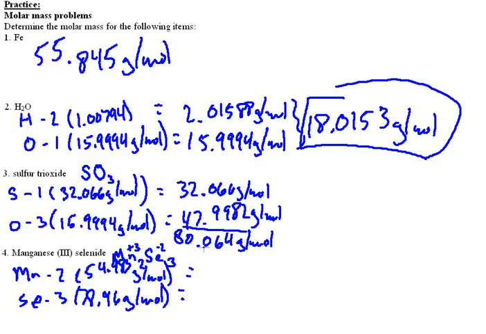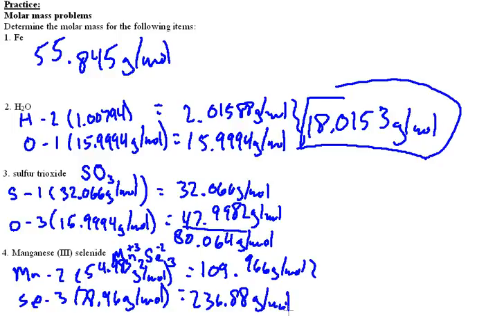So this should give me 109.966 grams per mole. And this down here should give me 236.88 grams per mole. Add those together, and we should get a grand total of 346.846 grams per mole. So that's how we do these grams per mole problems.